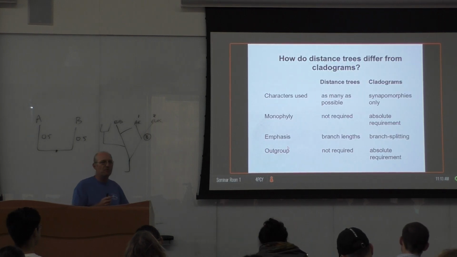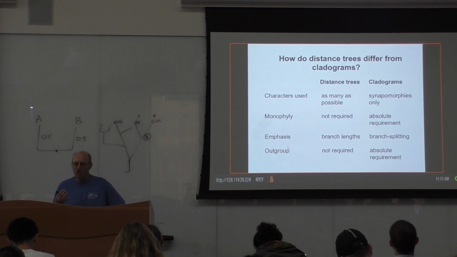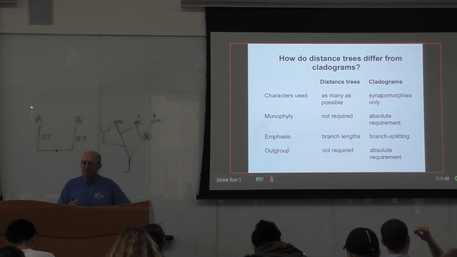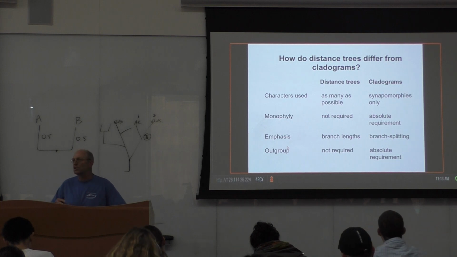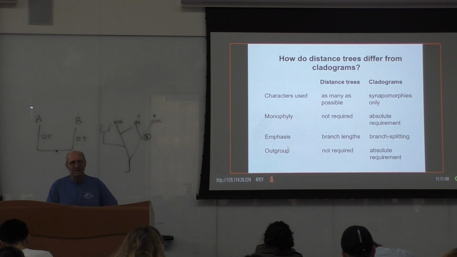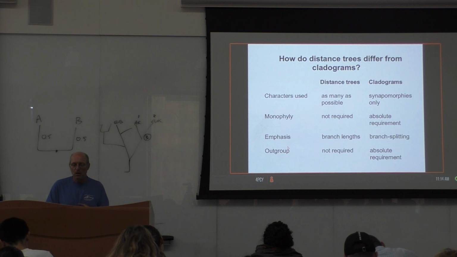There is a difference between phonetic and cladistics in the overall approach. In distance trees, you want as many characters as possible because you want to establish the best possible distance. In cladograms, when you use cladistic methods, you are only counting the synapomorphies. Only the synapomorphies are going to group together organisms. That's the only ones that matter.